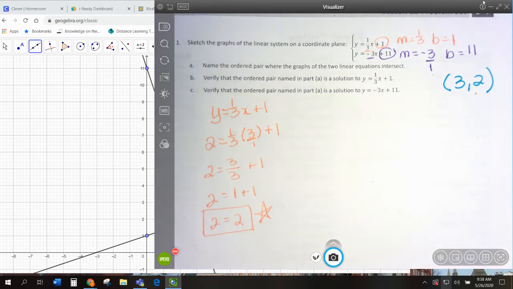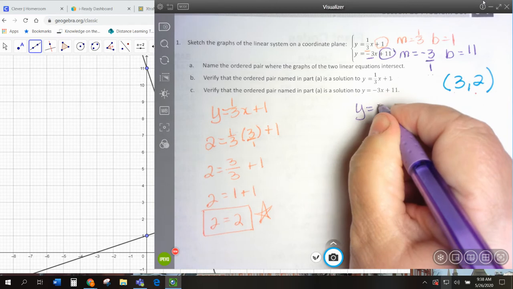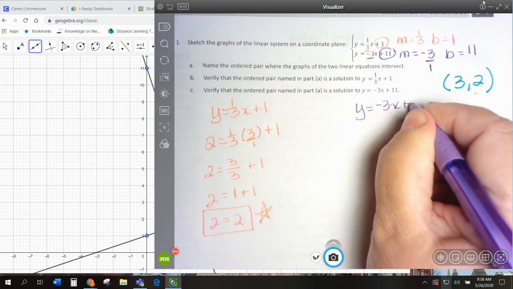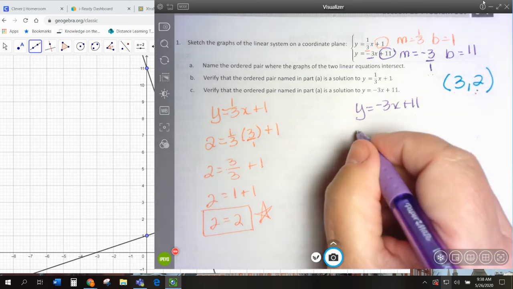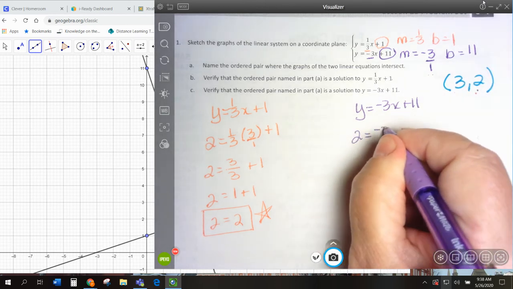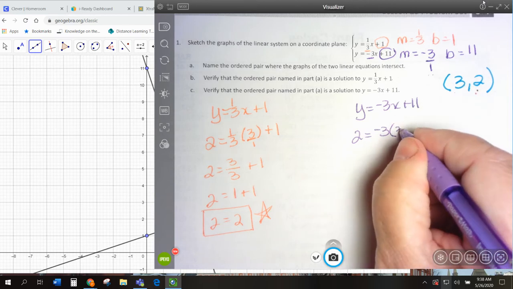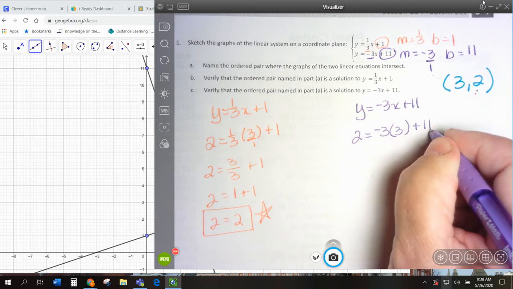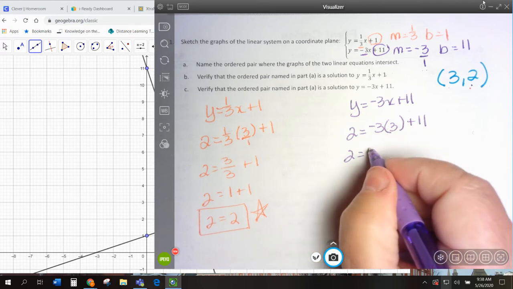Yay! Let's try it in our second one. So now we're doing C, where we have y equals -3x plus 11. For y, we're going to put in 2. -3 times x, which we're going to put in 3. And -3 times +3 is -9.